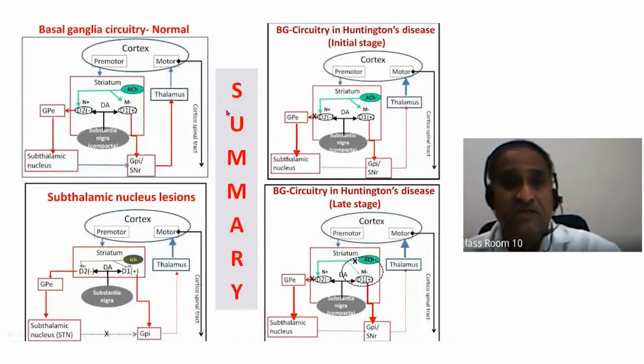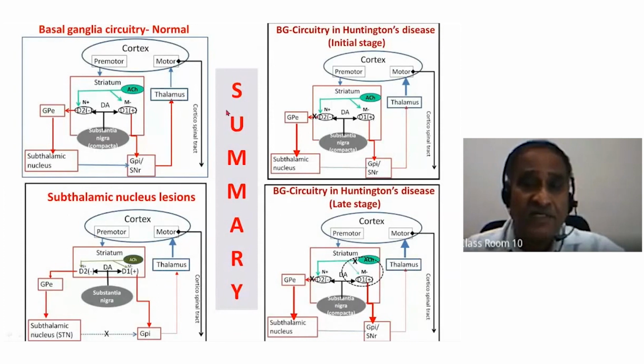Now, to summarize, I have put these four circuits together. One is the basal ganglia circuits. We have the direct circuit: striato, pallidothalamic, thalamic, cortical; and the striato, GPE, subthalamic, where the subthalamic nucleus is involved. This is a direct path.